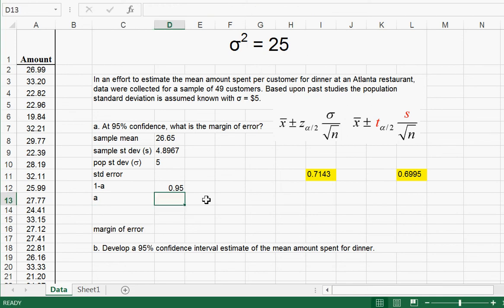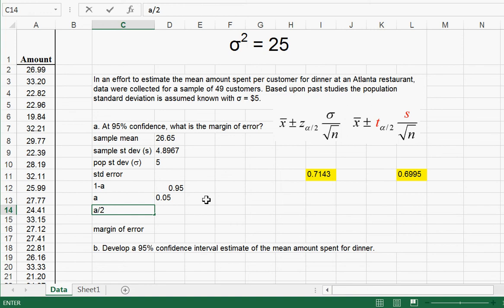So alpha would equal 1 minus 0.95. Now, how many numbers in a confidence interval? There's 2, so what do we do with the alpha? We divide by 2, because we need 2 critical values.